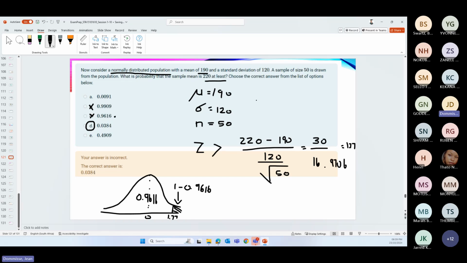You can use both the positive and the negative, whichever one you were most comfortable with for the Z table, because you can see both of them you can use.